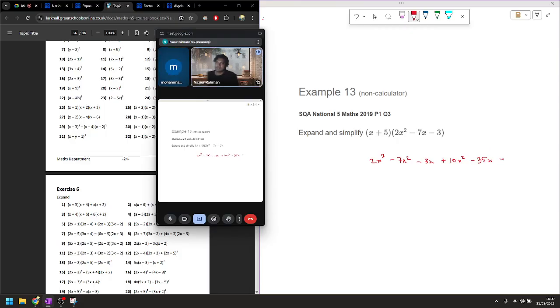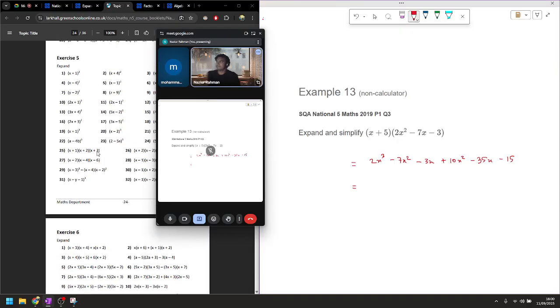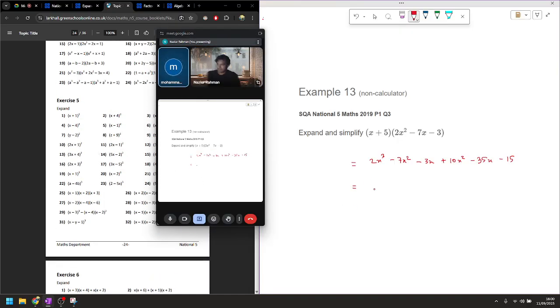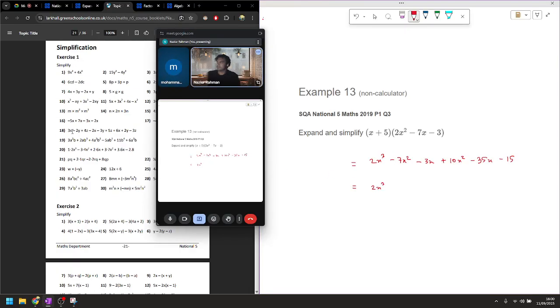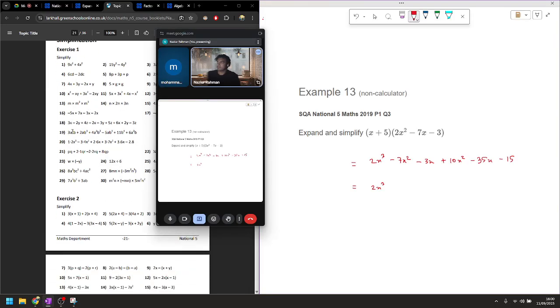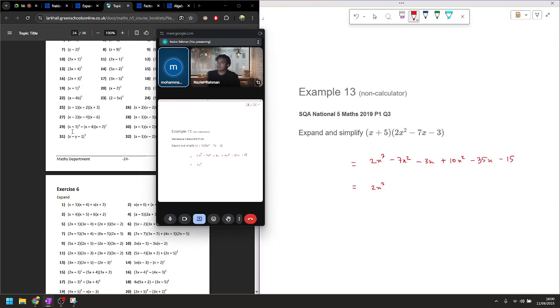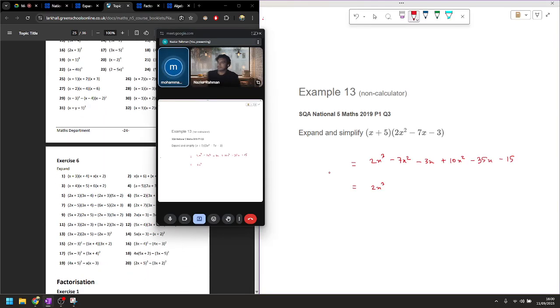Yep, good. And then you have to just collect the like terms. Good. So well done on the expansion. So how do you collect the like terms? Just keep the 2x cubed because there's none. Yeah, good. And then plus 3x squared.